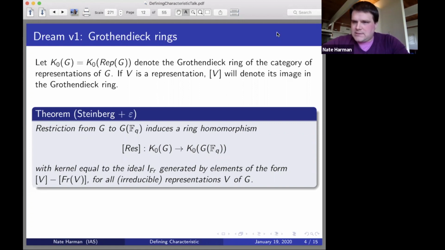So this is saying that we're quotienting by exactly setting a representation and its Frobenius twist to be the same thing.